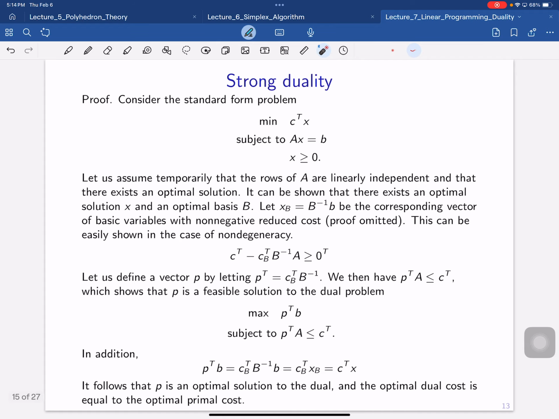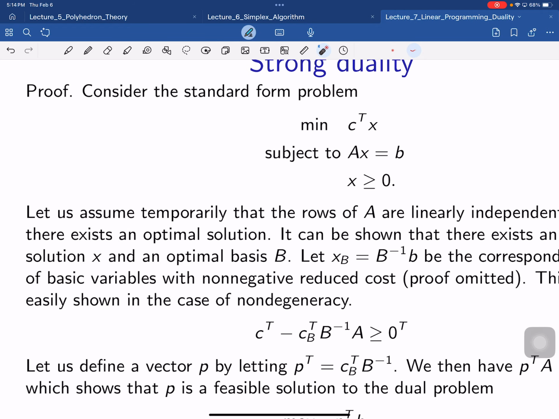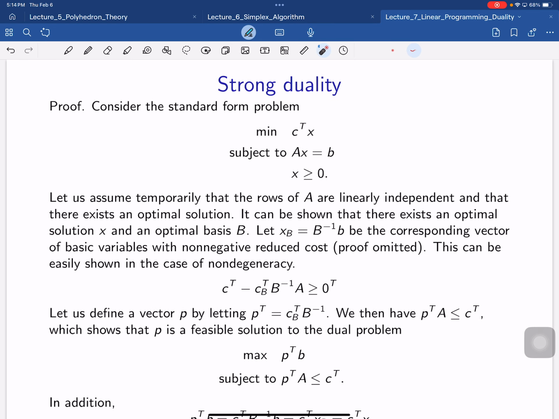So let's revisit what we talked about in the previous lecture. Recall that this is the standard form of the LP, and the basic feasible solution is: you choose a basic matrix B, and then x_B is B inverse times b, and x_N equals 0, the non-basic solution equals 0.